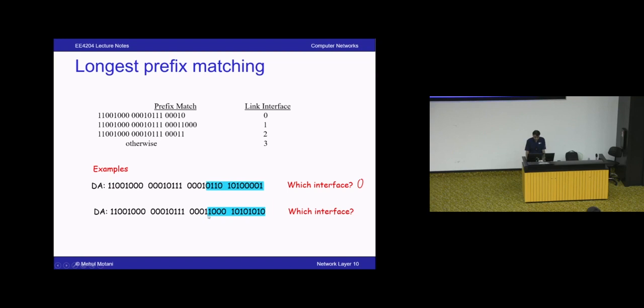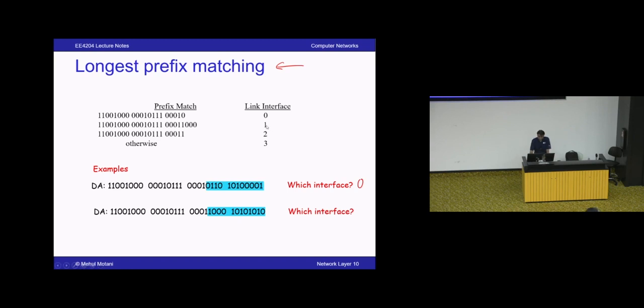Which one does this match? Remember, we're doing longest prefix matching. Okay, so someone said 2. So it does match, right? 0011. That's correct. 2 is a match. Is it the longest match?